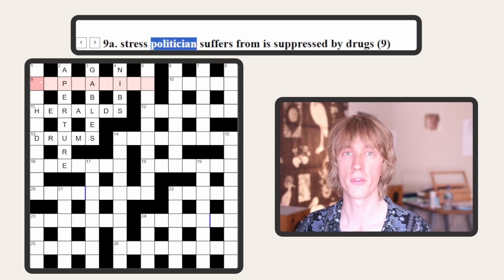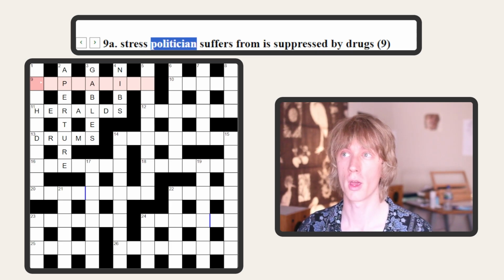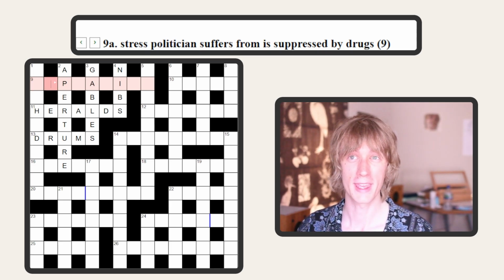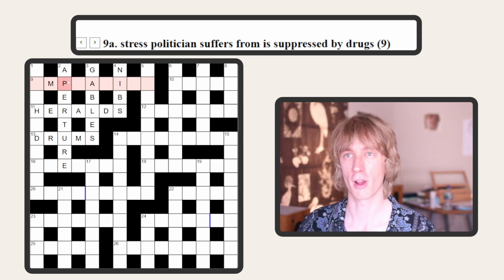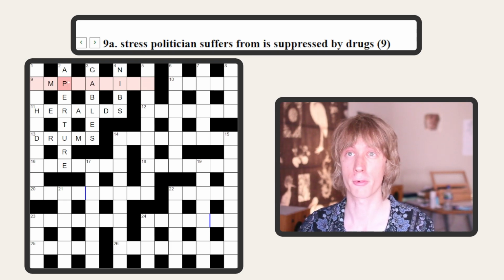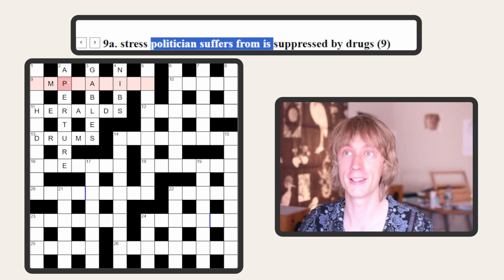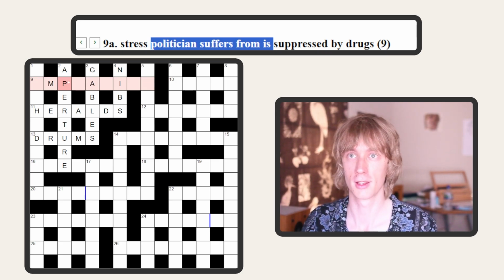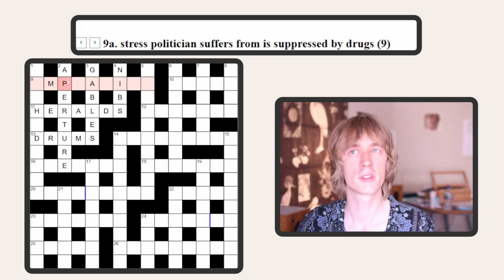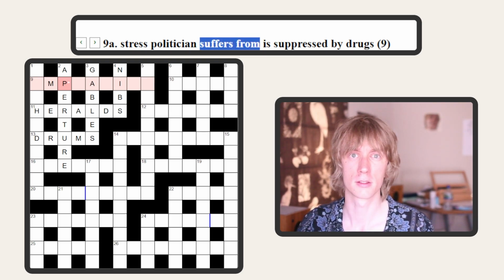All right, well, here's an easy part. A politician in the UK is very often abbreviated to MP. And we have a P here, so maybe we're popping MP over here. And that would make sense, right? Because we know that a chain is going to be suppressed by drugs. So politician suffers from is going to kind of be put inside drugs. Okay. So if you suffer from something, you have it, right?